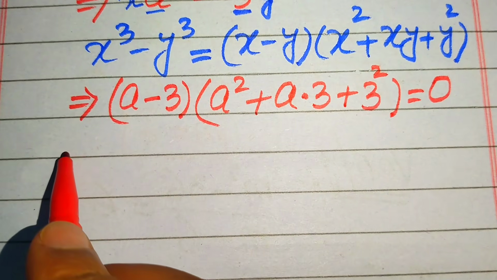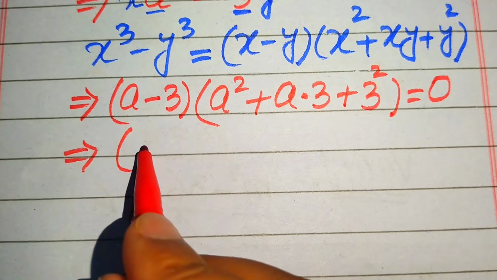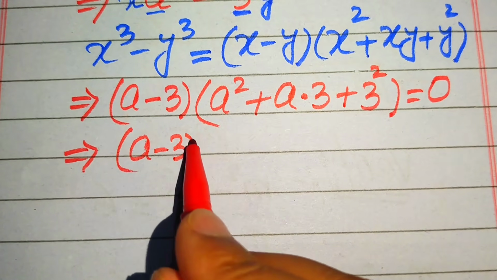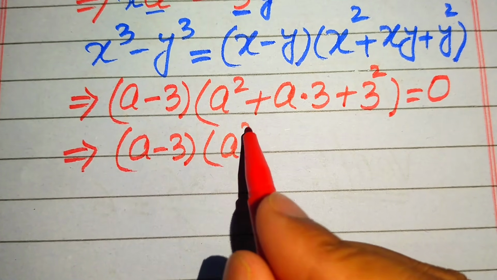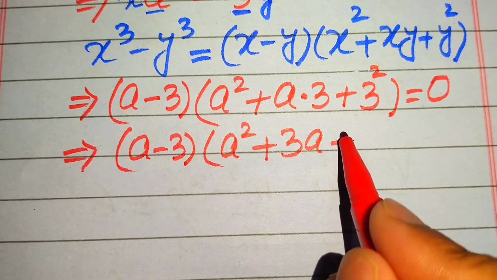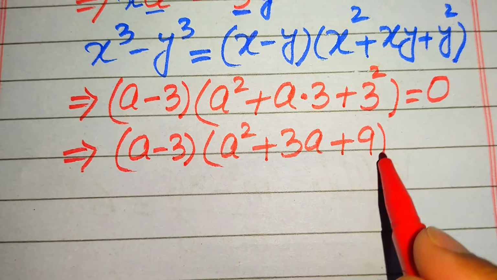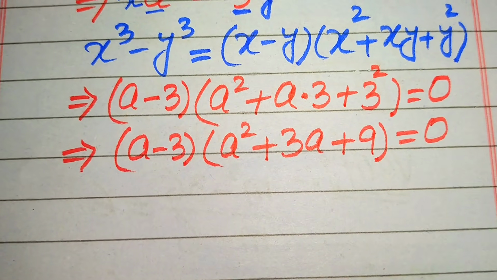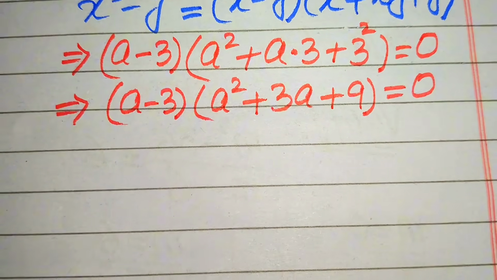After simplification, we obtain a minus 3 times a square plus 3a plus 9, and this whole equation is equal to 0.